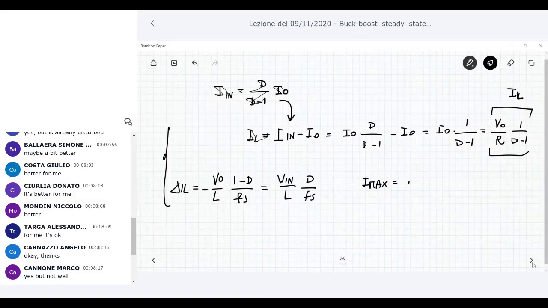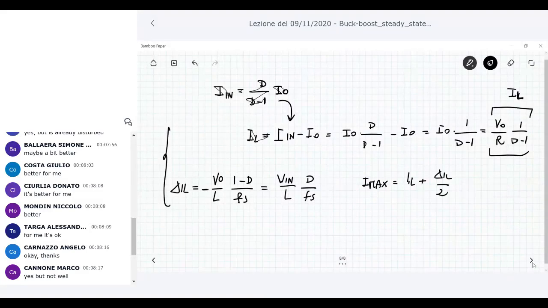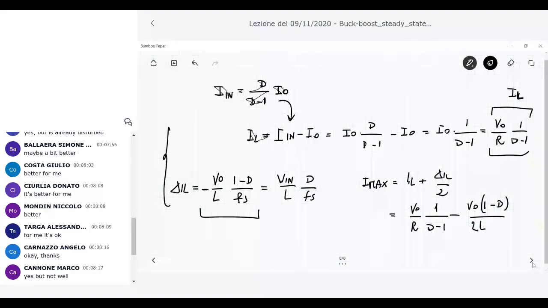The maximum current is the average value plus delta IL divided by 2. So this is V naught over R times 1 over D minus 1, plus delta IL, which, if you consider this expression, is minus V naught times 1 minus D over 2L fs.